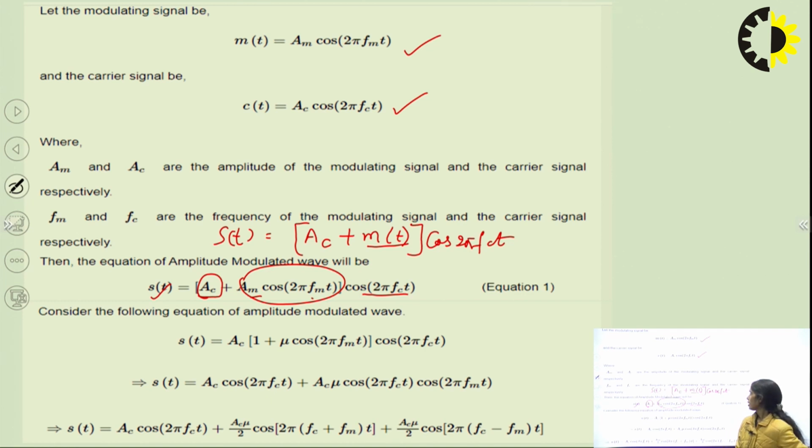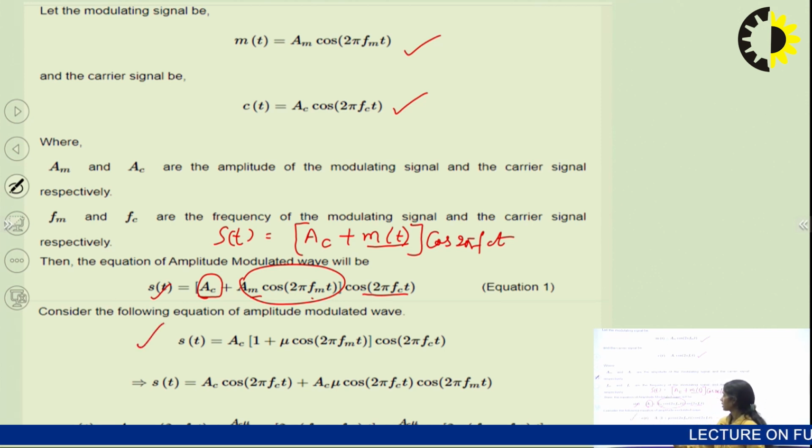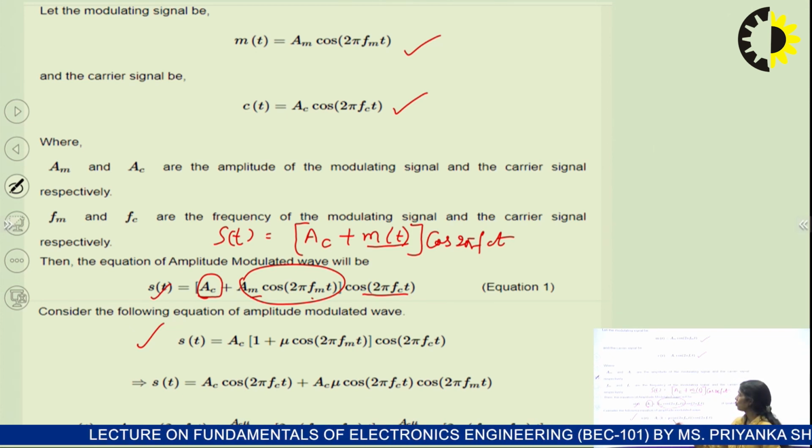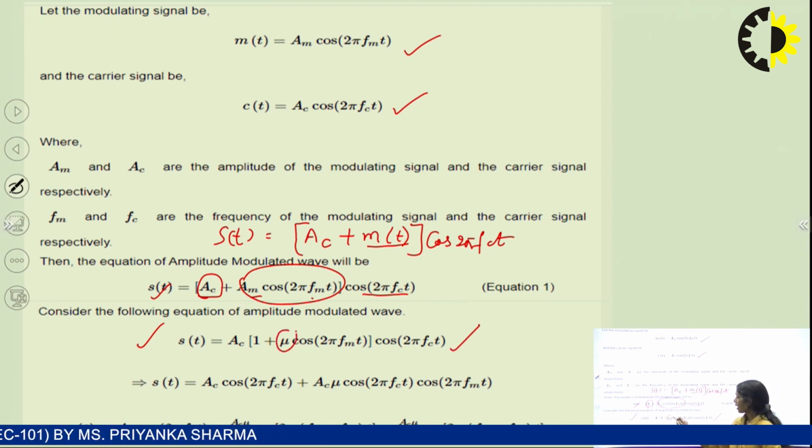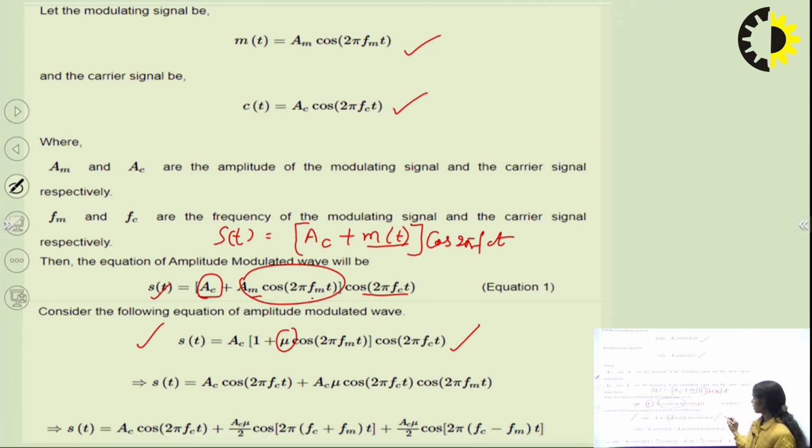Now I am going to sum up the equation again: s(t) equals, taking AC as a common value, AC times 1 plus mu cos of 2 pi fm t, times cos of 2 pi fc t. What is mu here? I had taken AC as a common value, so mu is basically AM divided by AC.